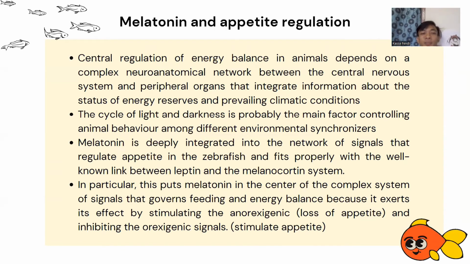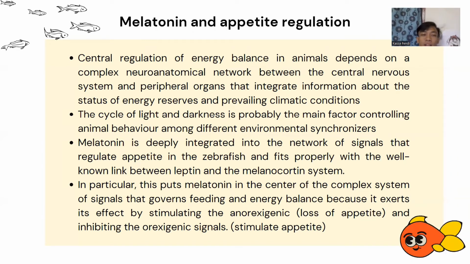In particular, this puts melatonin in the center of the complex system of signals that govern feeding and energy balance, because it exerts its effect by stimulating the anorexigenic signals, which cause loss of appetite, and inhibiting the orexigenic signals that stimulate appetite.